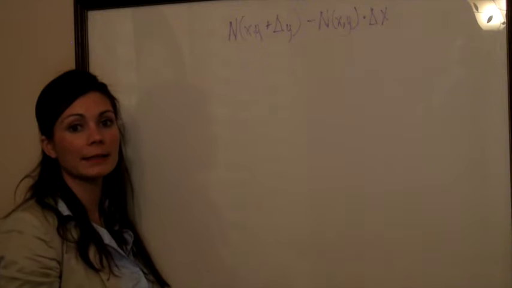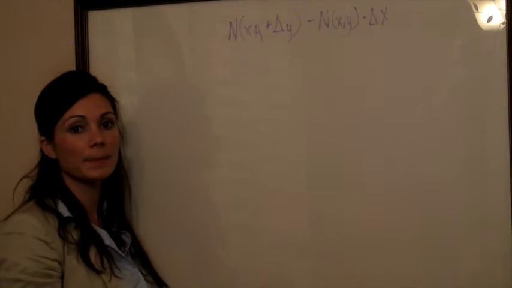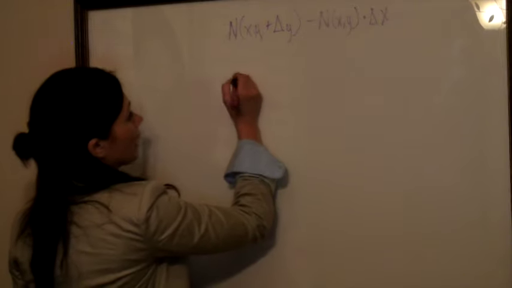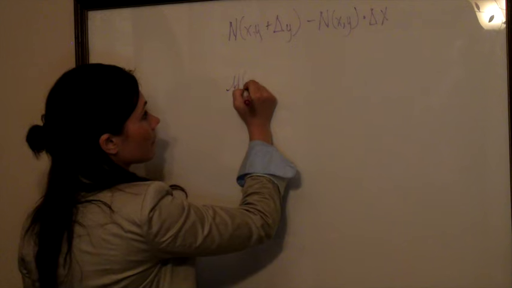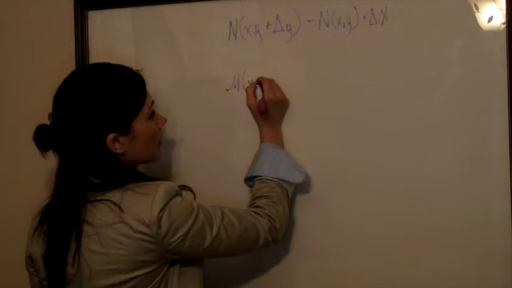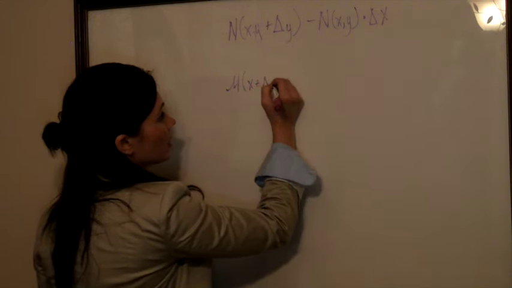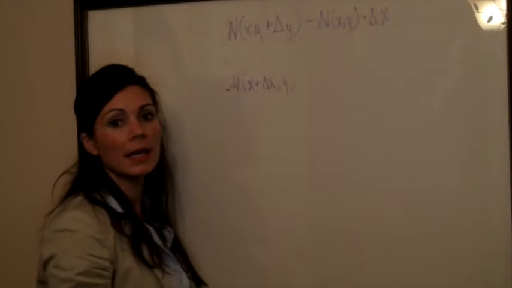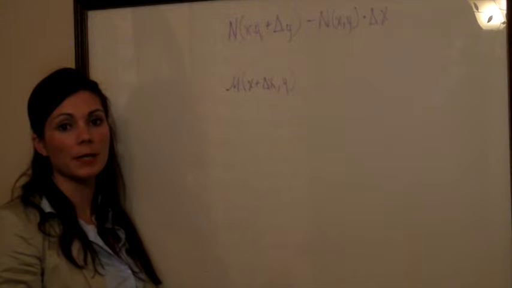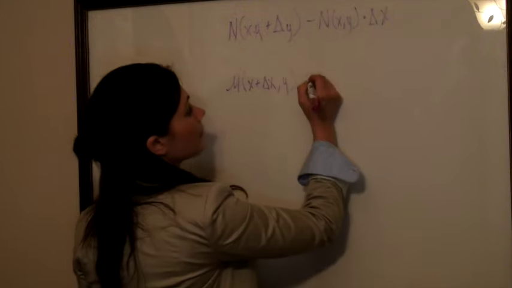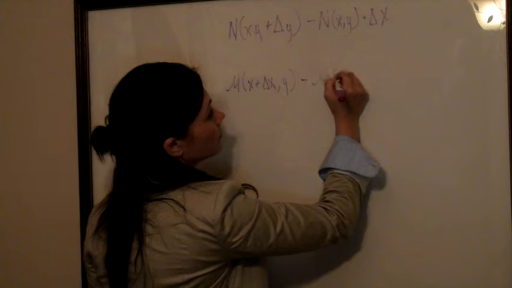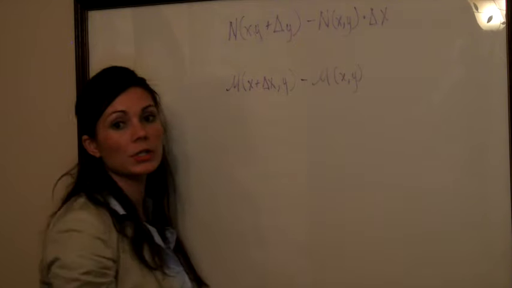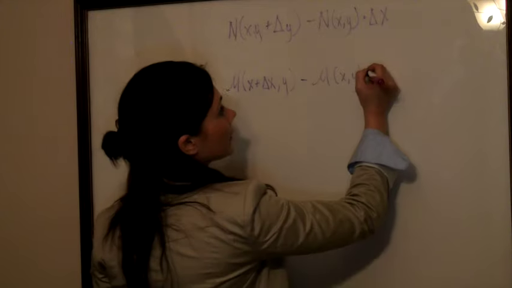And then for the right and left sides, we're going to take our M(x plus the change in x, y), and then we're going to subtract that from M(x,y), which is going to be multiplied with the change of y.